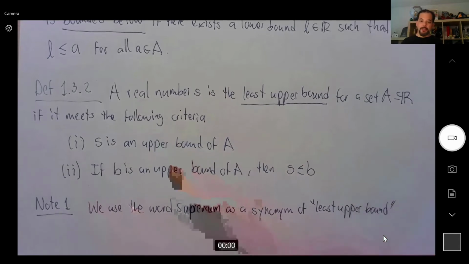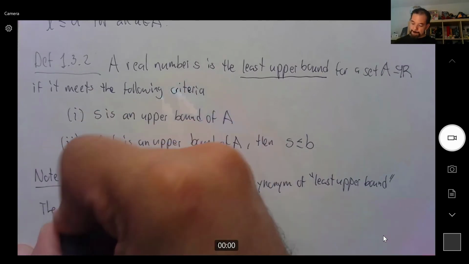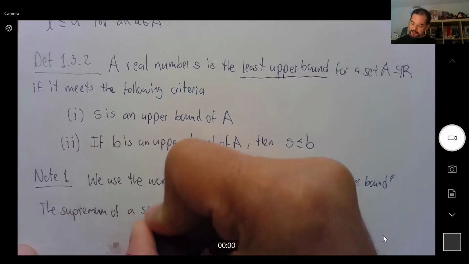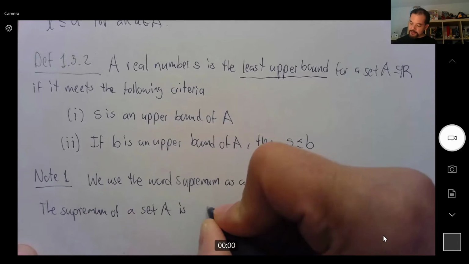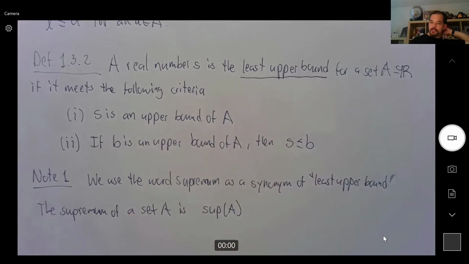And that's convenient because we also have a notation for it. So if you want to know the supremum of a set A, we call it sup A. So it's like the abbreviation of the abbreviation, right? Even more compact.